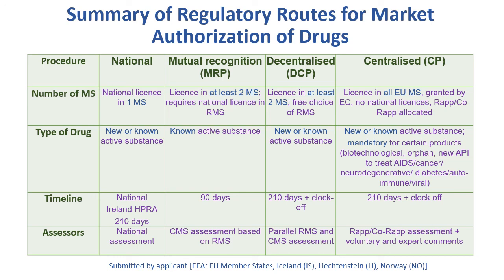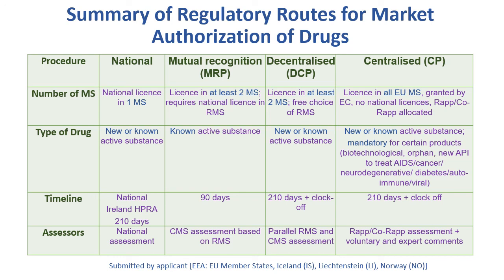If it's at least two member states and one member state already has the national license, then you go for the mutual recognition procedure. Otherwise, you go for the decentralized procedure. And if you want to sell your product in all member states, then you need to go for the centralized procedure. Another difference would be the type of drug you're selling. If it's a new drug or a known drug, the procedure changes.